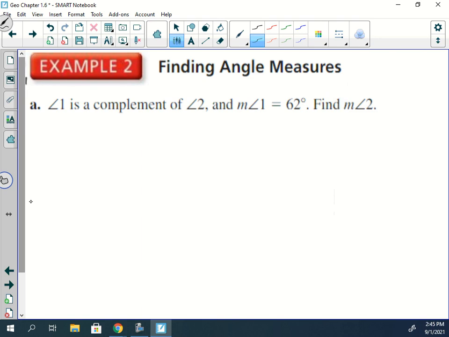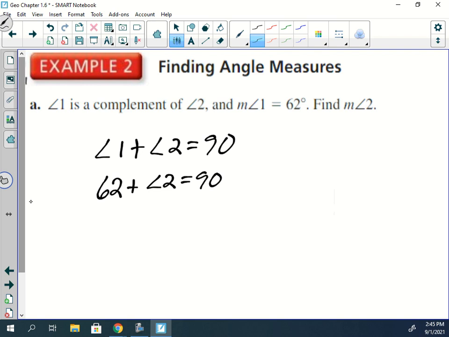Let's look at this one here. Angle 1 is a complement of angle 2. What does that tell me? It means they add up to 90 degrees. So angle 1 plus angle 2 is equal to 90, yes? What else does it tell us? The measure of angle 1 is 62 degrees, so we're saying 62 degrees plus angle 2 is 90.